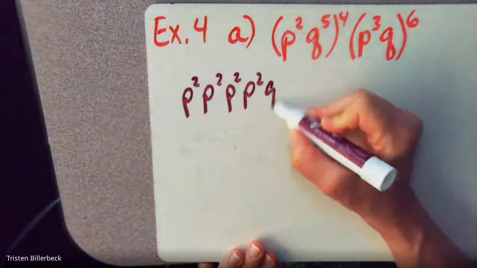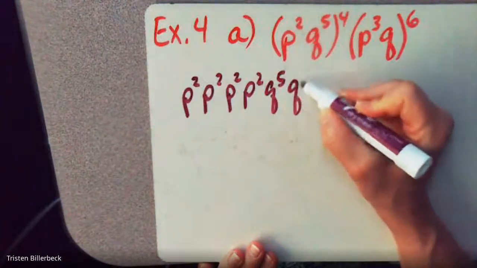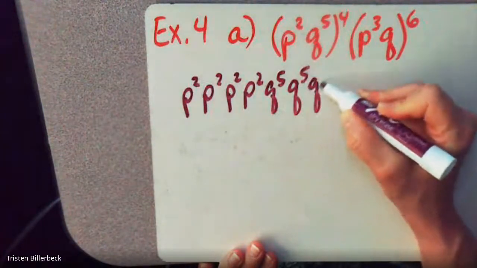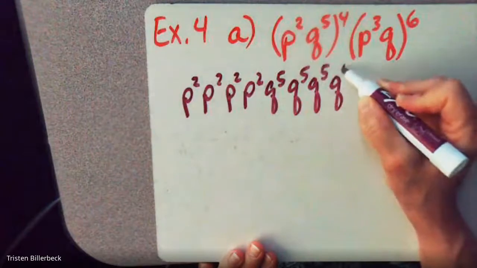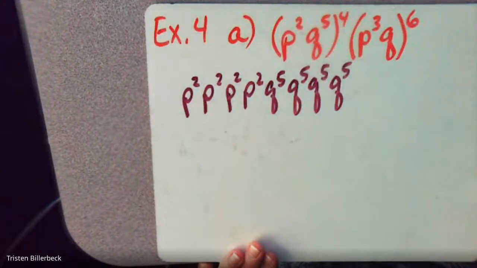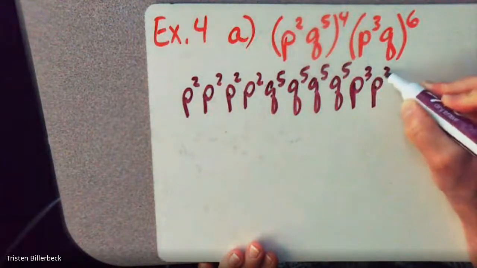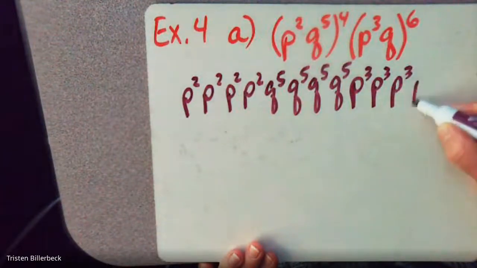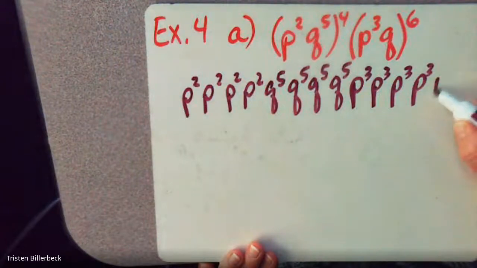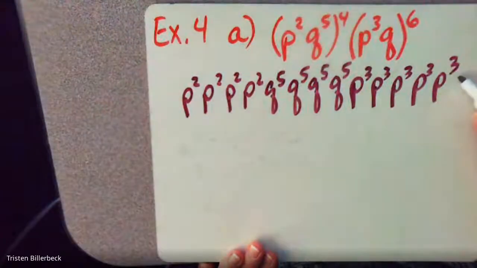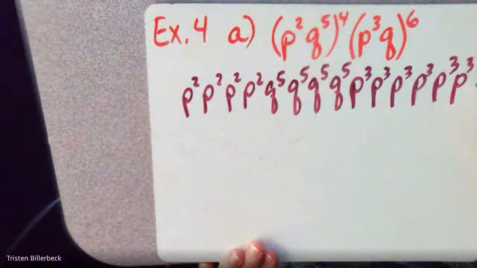And this Q to the 5th, Q to the 5th, Q to the 5th, and Q to the 5th 4 times. Okay, and then this one would be P to the 3rd, P to the 3rd, P to the 3rd, P to the 3rd, and P to the 3rd, and I still have one more P to the 3rd, and then I have to do the same thing with the Q's.